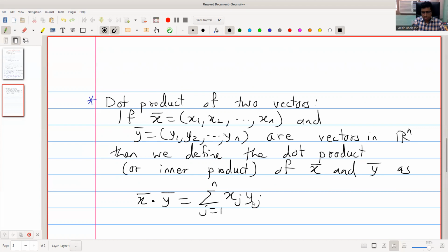Okay, so this xj multiplied by yj is usual multiplication in reals.